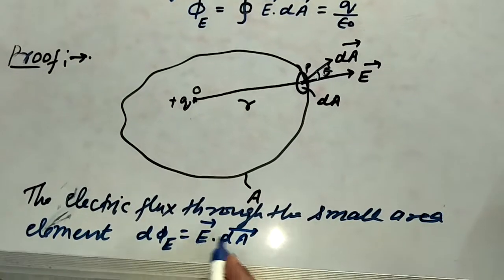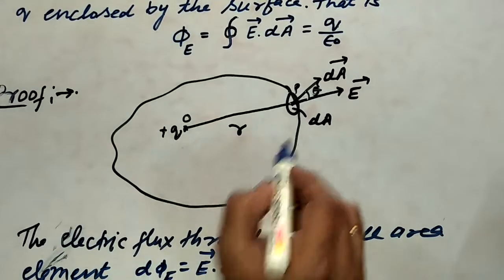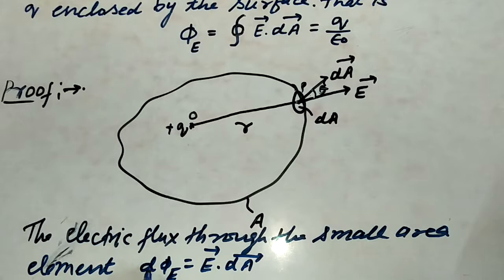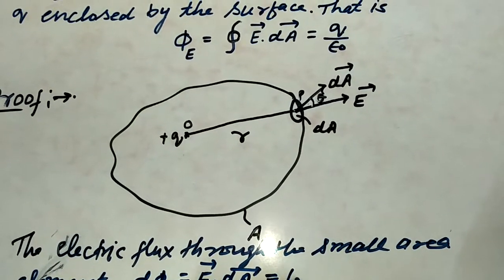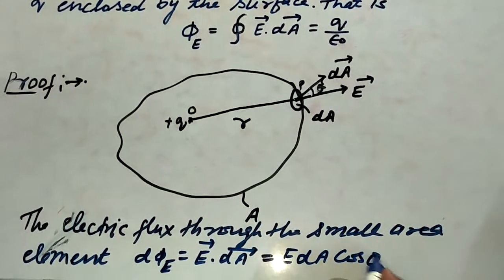As you know, in the previous video I have already discussed this one. So the electric flux passing through this small area element taken on that surface is d phi E equal to vector E dot vector dA, and also you can write this as E dA cos theta.